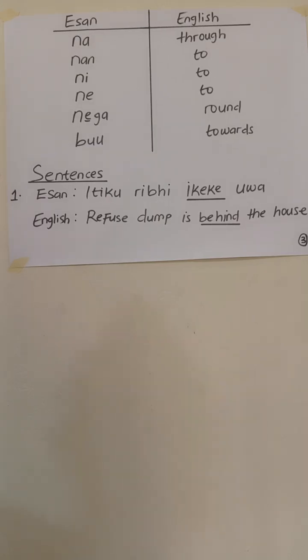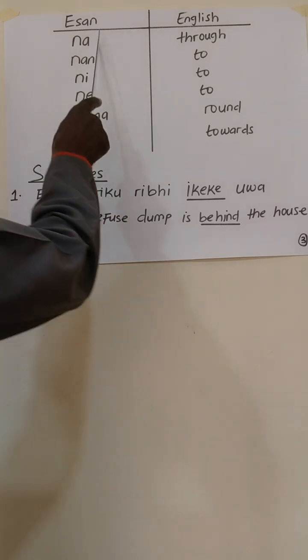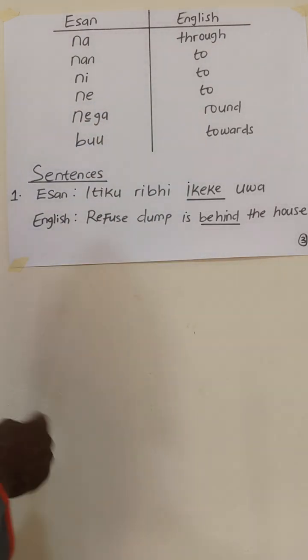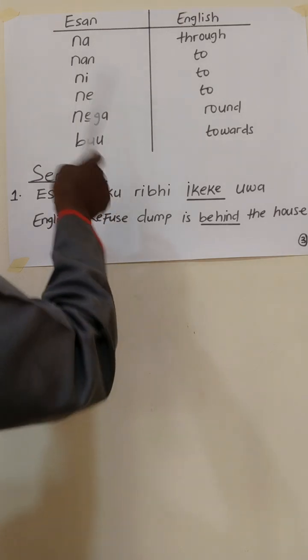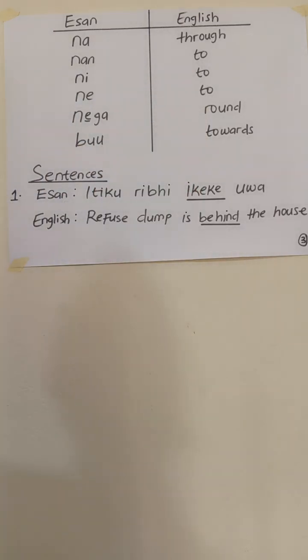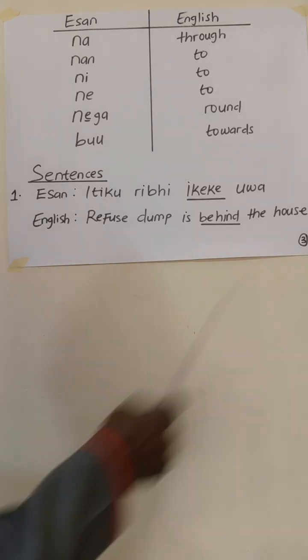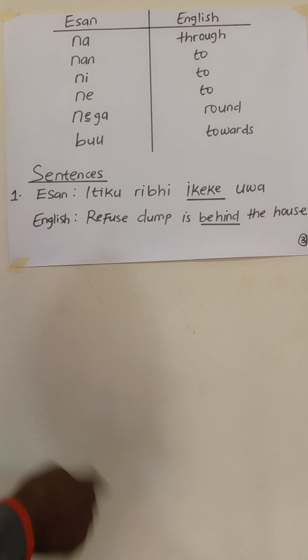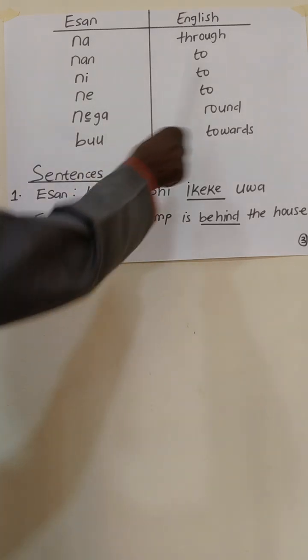Now, the other one is na, true. Then followed by na, to. We na le, give it to him. Ni vai, ni me. Ni is to.